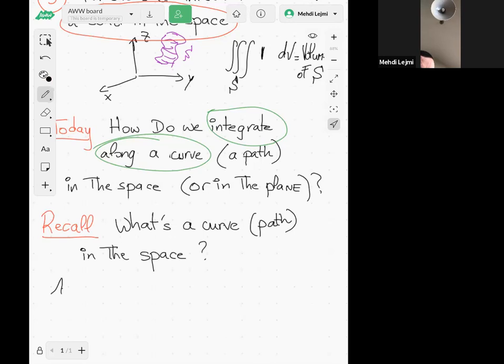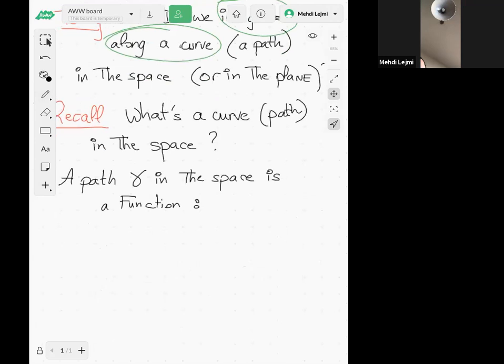So a path, say gamma, in the space, is actually a function, a function gamma. Of course, this is gamma, a Greek letter, right? Gamma is the common notation for paths or curves in the space.